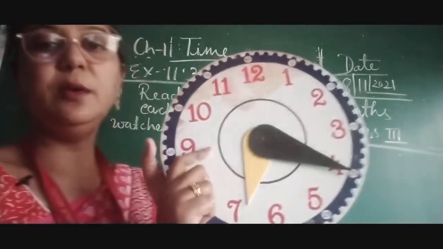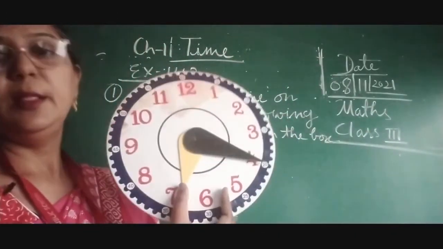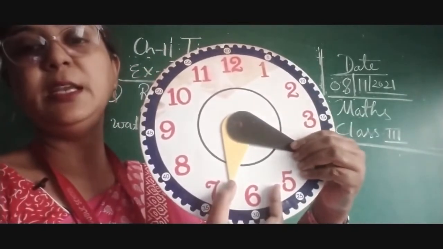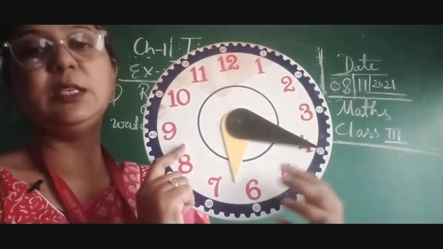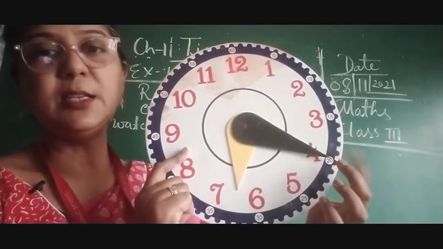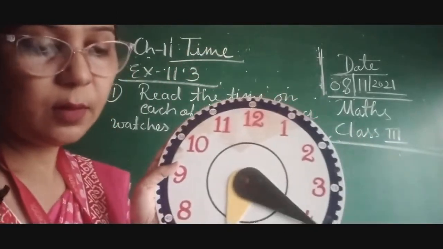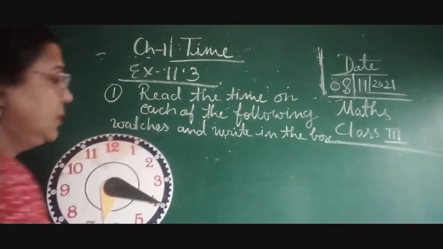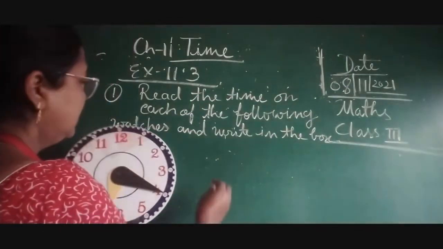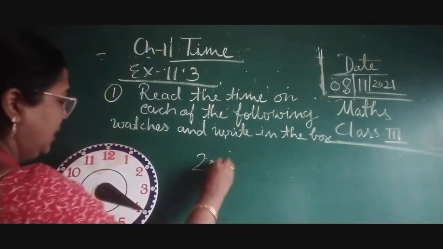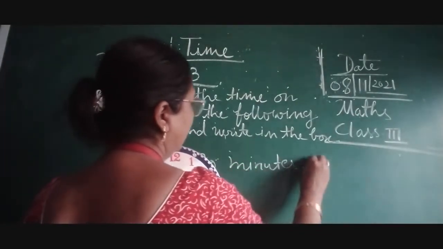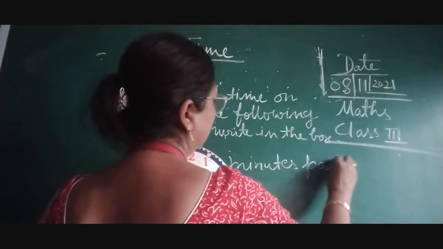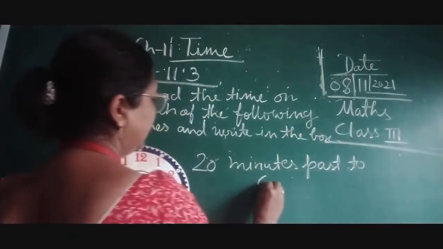Here we will write: this shorter hand is in between 6 and 7. So this is 20 minutes past 6.